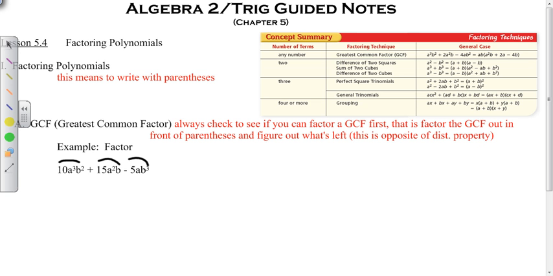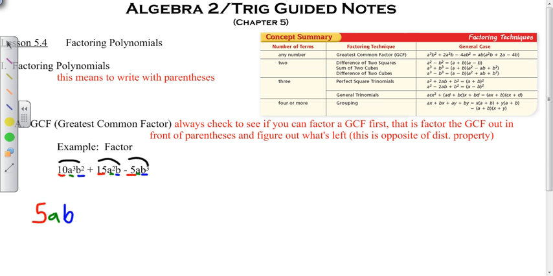Well, if we look at our constants, looks like our 10, 15, and our negative 5, we can pull a 5 out of each of those. We look at our a term, we have a cubed, a cubed, and a. We can pull a to the first out of each of those. And we have b squared, b, and b cubed. We can pull b to the first out of each of those.